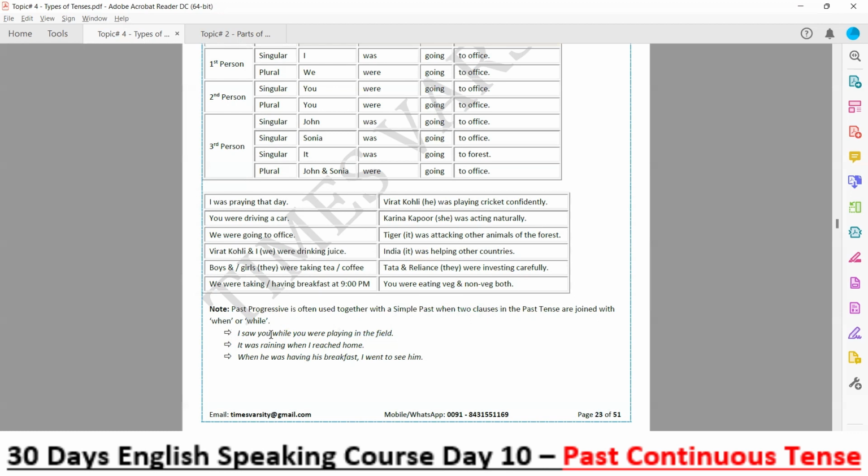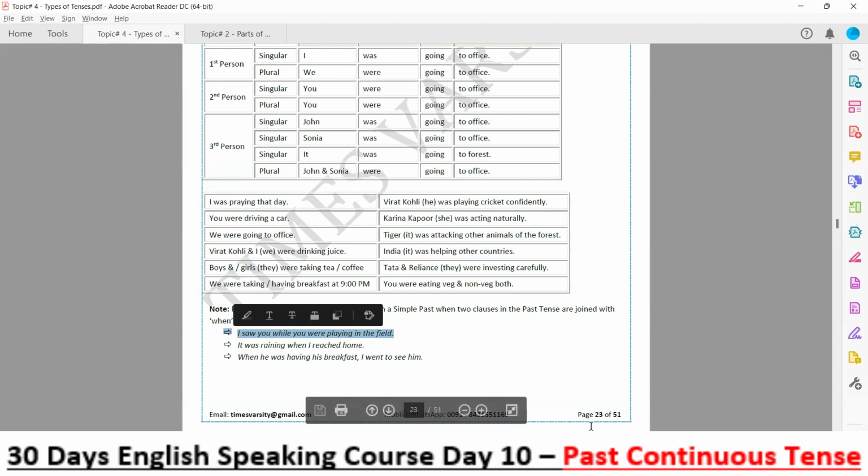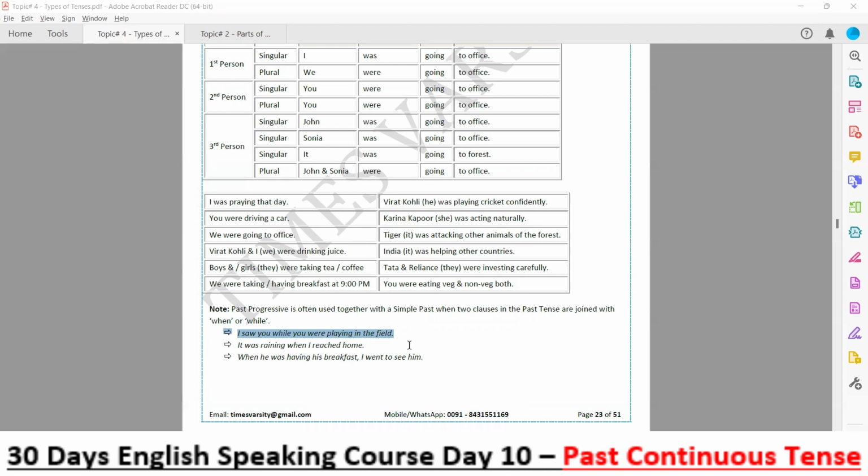So I saw you while you were playing in the field. Anyone would like to translate this one? I saw you while you were playing in the field. मैंने तुमको देखा जब तुम फील्ड में खेल रहे थे. Perfect. Yes, that's perfect.